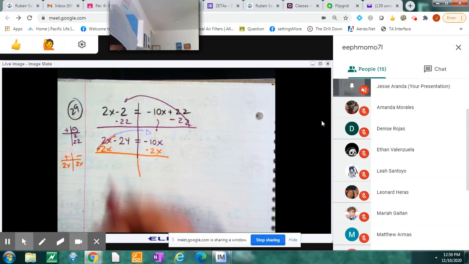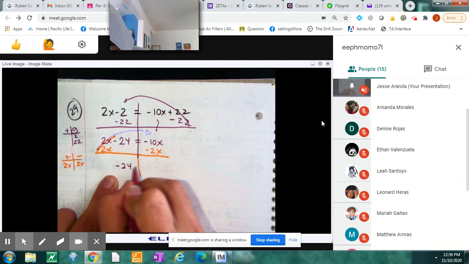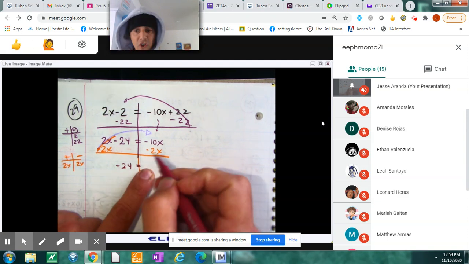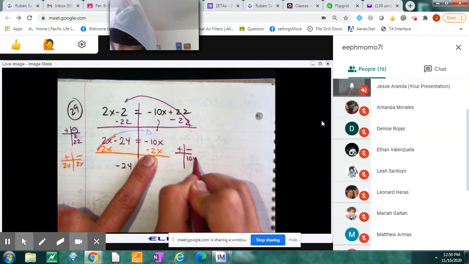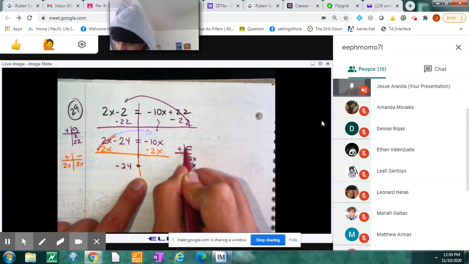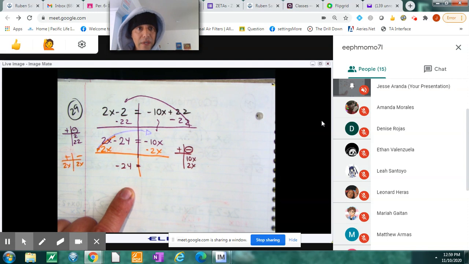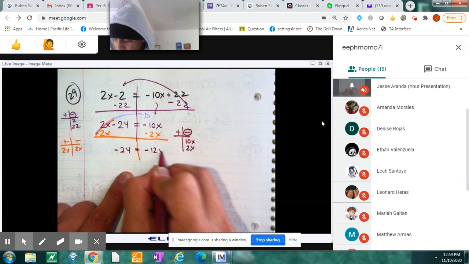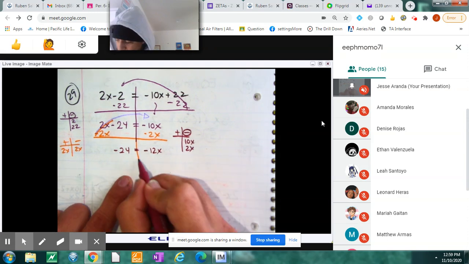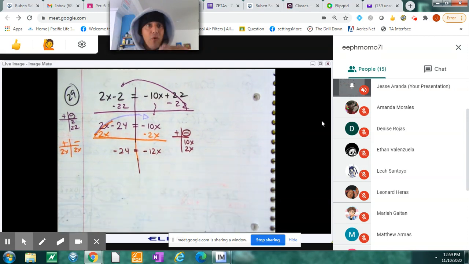So what comes down? The -24 equals, then a t-chart again. So -10x, -2x, and what do we get? We get -12x. Very good. Now, where's the x? Now I'm done. I can't throw anything anymore.